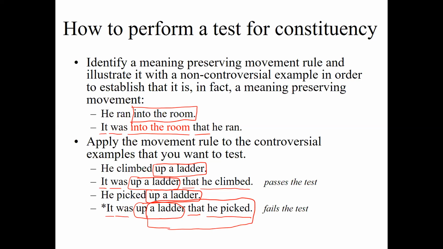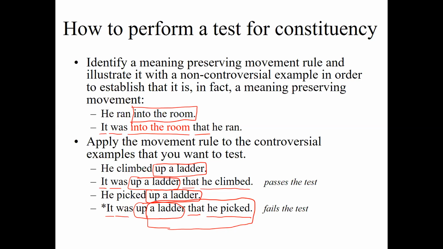So, okay, but remember, these were meaning-preserving tree-to-tree mappings. So we're going to try to get an interpretation of the sentence that has the same semantic roles as the original sentence. When you judge whether it's grammatical or not, you're going to judge whether you can say it meaning he raised something up against the opposite direction from gravity, and that thing was a ladder.